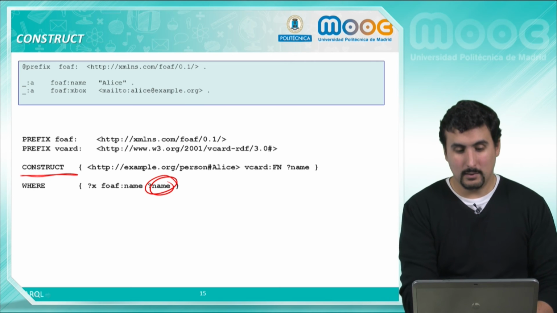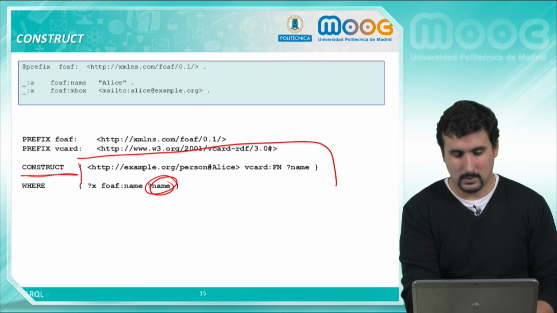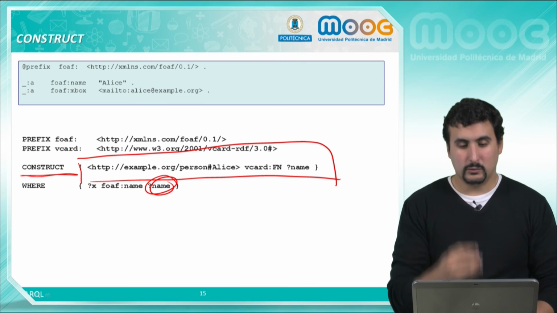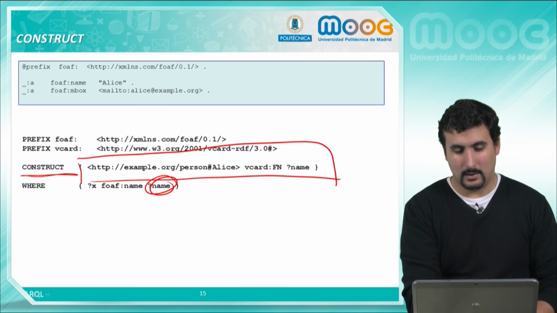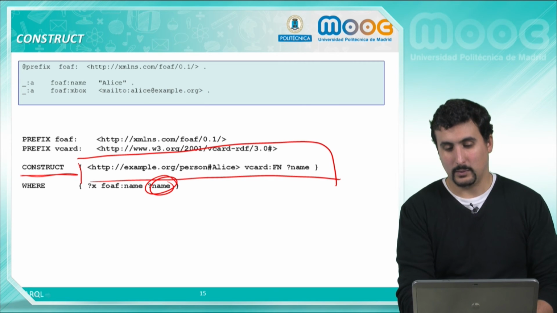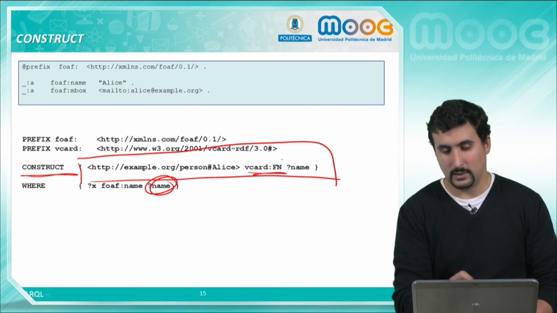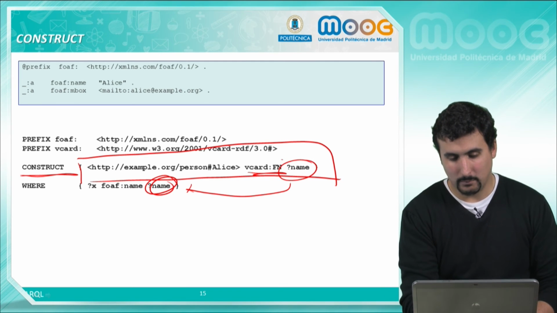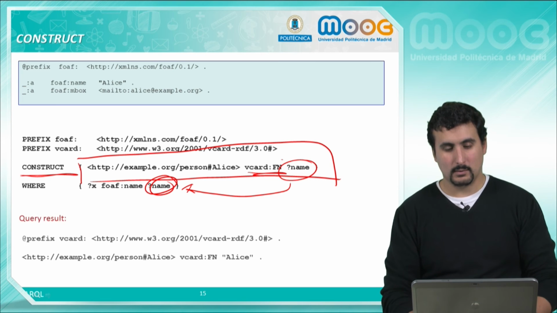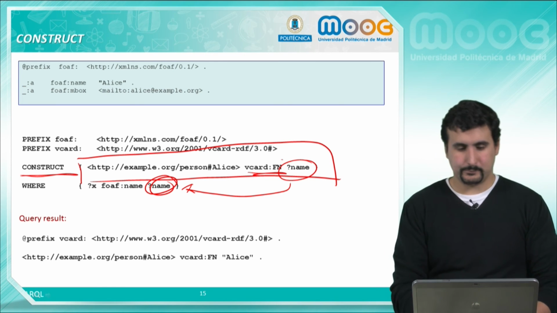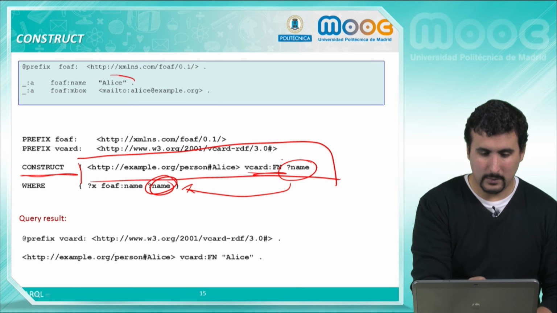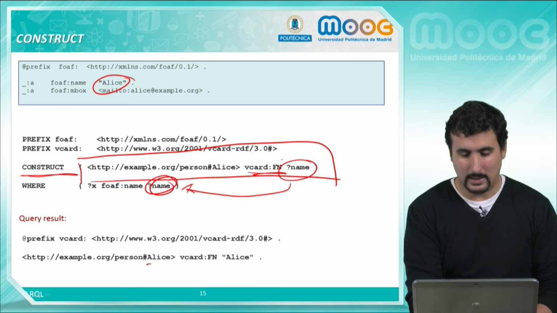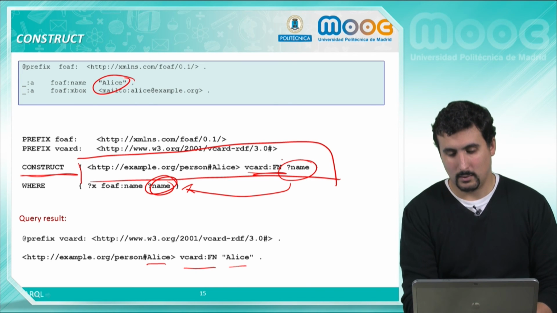What we are using here is a template in which you say, okay, build new triples with the individual Alice, annotated with the property vcard full name, and the name that we got from our query. So in this case, we are going to retrieve the Alice name from here and build a new triple based on the template: Alice, full name, Alice.